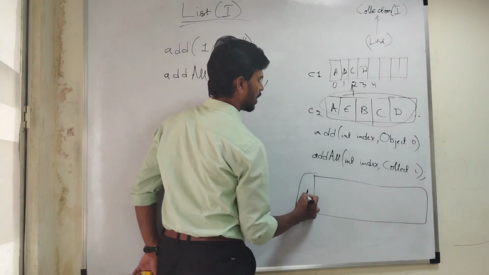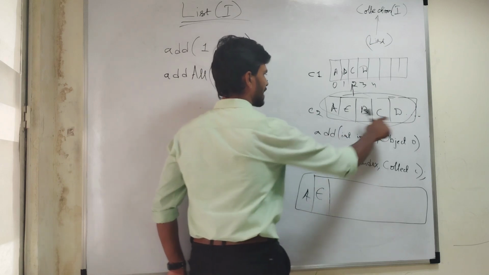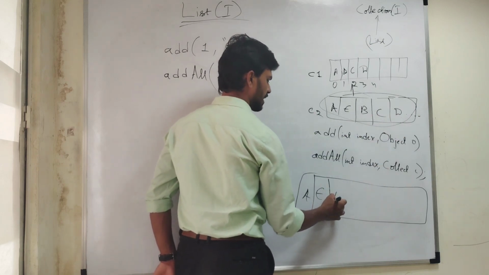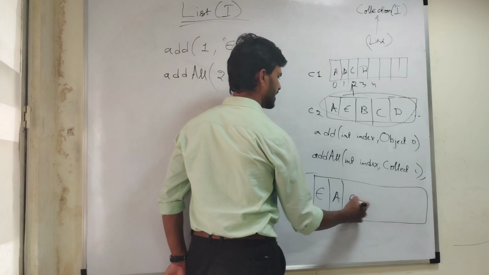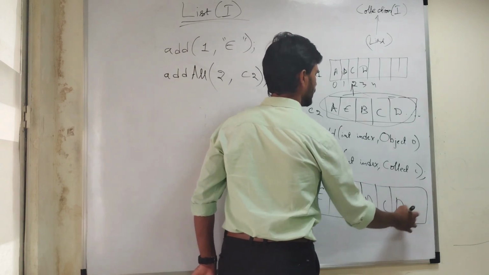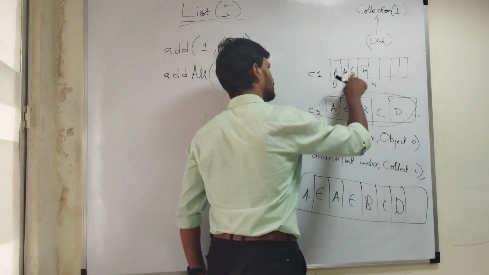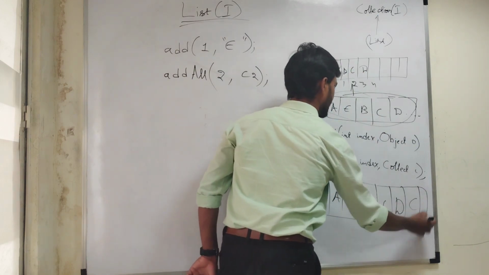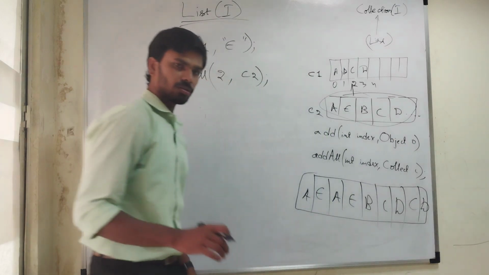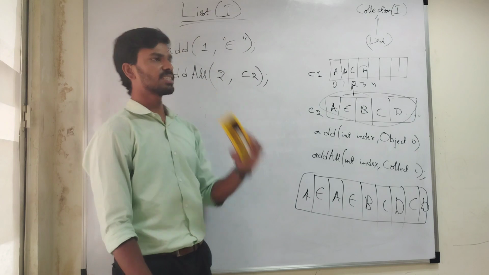First the A object is present, after that the E object, after that we are passing all these data. Again we will get A, E, B, C, D. Then again we will get the values after this one index, C, D, and so on. So these are the two important methods we have inside the list interface.